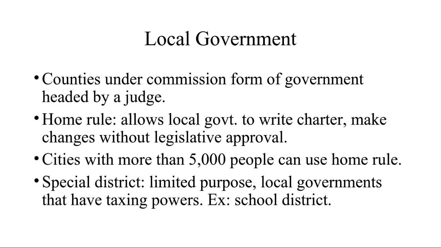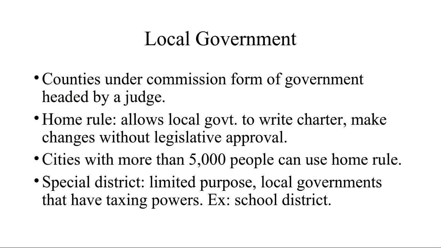So for example, Austin can't pass a rule decriminalizing marijuana because that goes against the state constitution. But they can increase the budget for law enforcement or education without needing the legislature's approval. And this is beneficial, of course, to the legislature. If they had to approve every decision made by a city in Texas, they'd never get anything done.